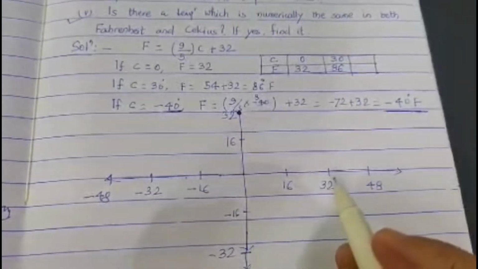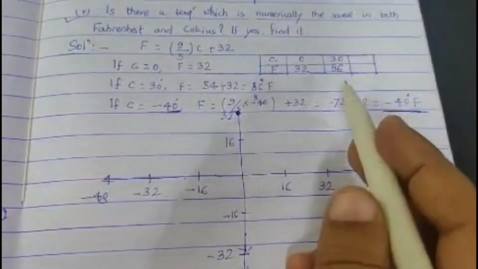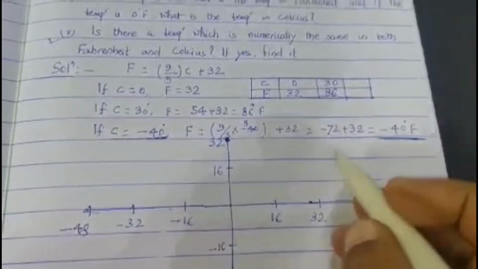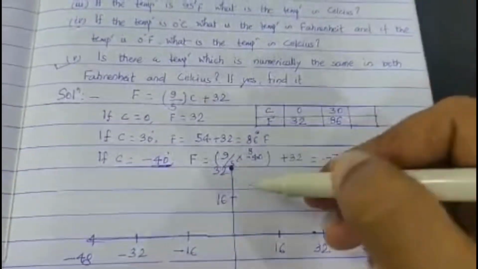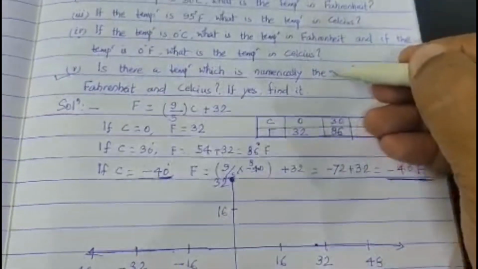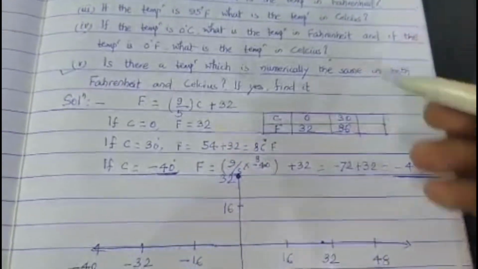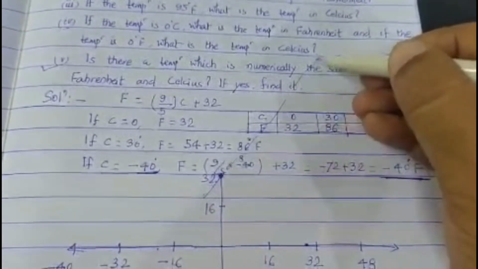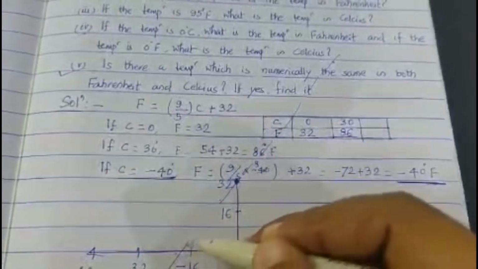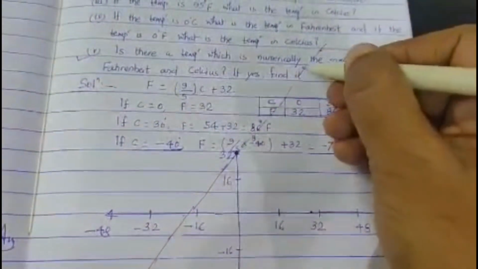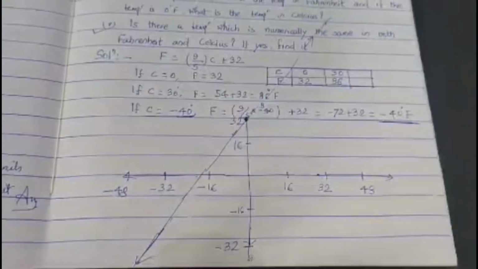Second point was 30 and 86. So let us suppose this is 30. 86 will be somewhere like this: 16, 32, 16 fives are 80, then 86, it will be somewhere like this. Now if you join these 2 points, the graph will be like this.